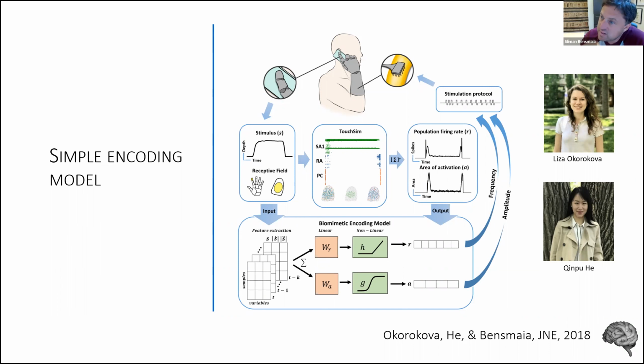So what you need to know is how hundreds of nerve fibers would be activated given the stimulus, right? So my grad students, Lisa and Shinpu, created a simplified model, which basically reproduces with many fewer parameters, a trivially simple model, how aggregates of nerve fibers would respond to a stimulus, right?